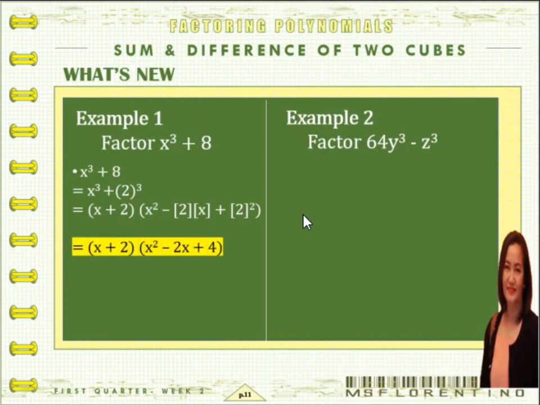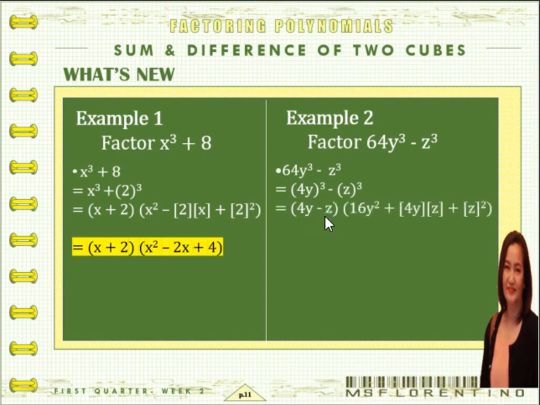Example 2. Factor 64y cubed minus z cubed. To factor this, once again, we get the cube root of 64y cubed and z cubed. We know that 64y cubed minus z cubed is the same as 4y raised to the power of 3 minus z raised to the power of 3.